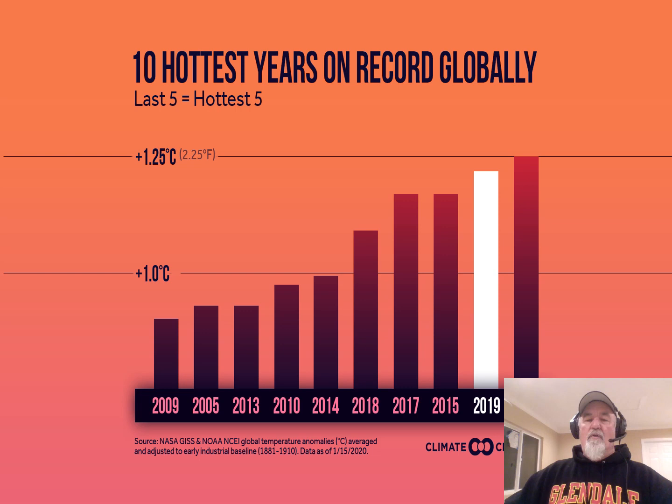So the warmest years on record, going from warmest through getting progressively cooler, 2016, 2019, 2015, 2017, 2018, 2014, 2010, 2013, 2005, 2009. These are going all the way back to, let's say for decency's sake, the 1880s or so.